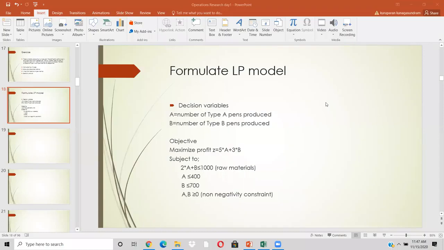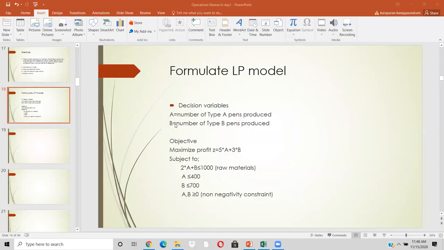Why I am saying this is a non-negativity constraint: A and B are the number of type A pens and the number of type B pens. If you go to a shop, will you ask for a negative number of pens or a positive number of pens?